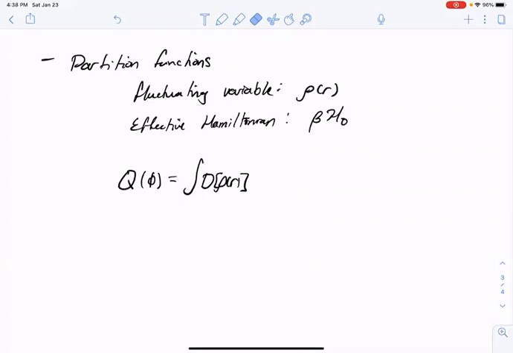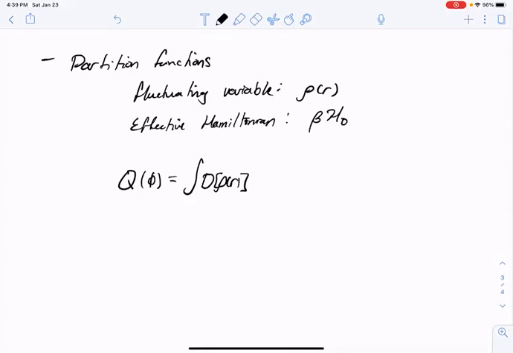In this case, the density field fluctuates. It has all manners of fluctuations, and we need to sum over, or in this case, integrate over, all possible ways that that density field can exist to compute the partition function.